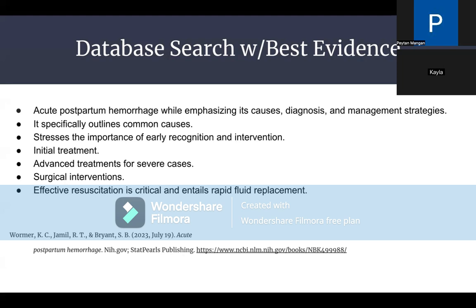The article also covers advanced treatments for severe cases, like surgical methods, resuscitation, and blood product transfusion. These surgical interventions would be like uterine artery ligation, hysterectomy, or selective embolization, and these are considered only if all other interventions are unsuccessful. So Acute Postpartum Hemorrhage focuses on the cause, diagnosis, and management strategies.